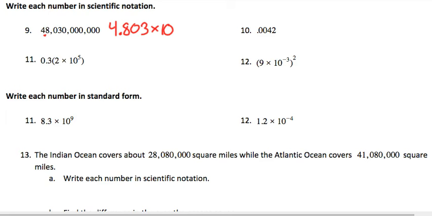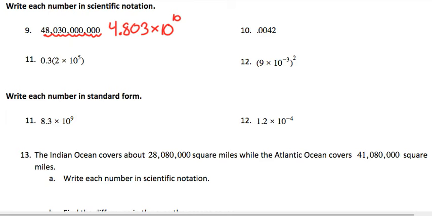Okay? And so I'm going to take where my decimal is now and I'm going to move it that far. So 1, 2, 3, 4, 5, 6, 7, 8, 9, 10. So I moved it 10. And I'm working with a very large number, so that means it's going to be a positive exponent.